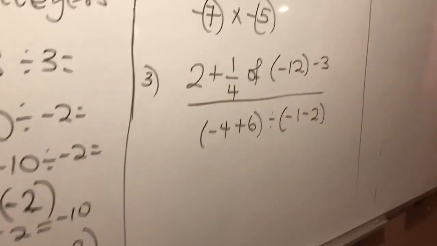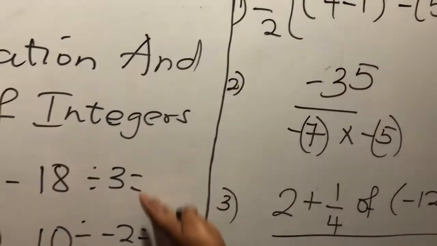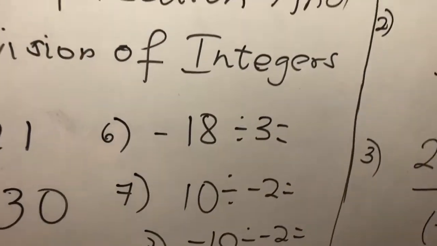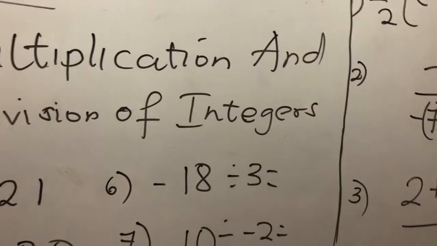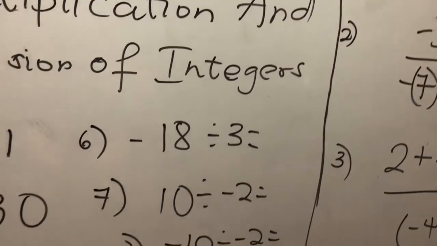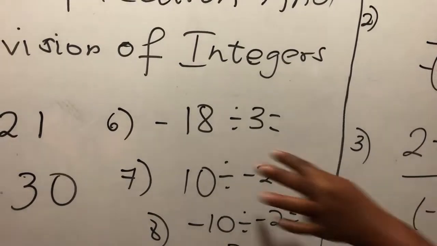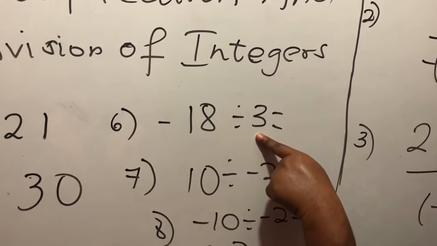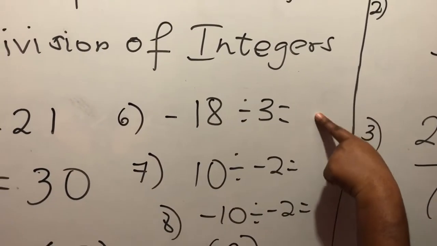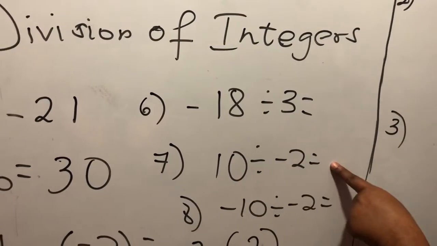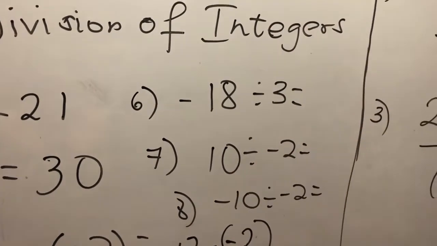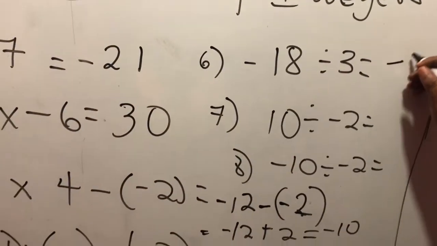Okay, now let's look at division. So you have 3 questions under division here. Now, simple. Just as we said, if you see one negative sign, that means the answer must also be what? Negative. So you can see that we have one negative sign here, but a positive number here. So your answer will automatically be what? Negative. So we have minus 6 here.